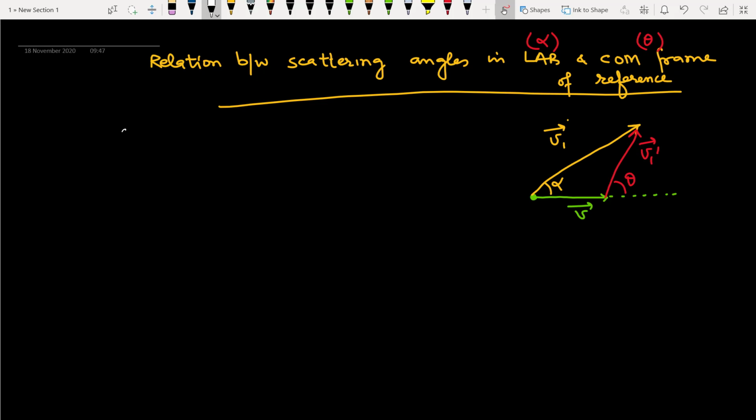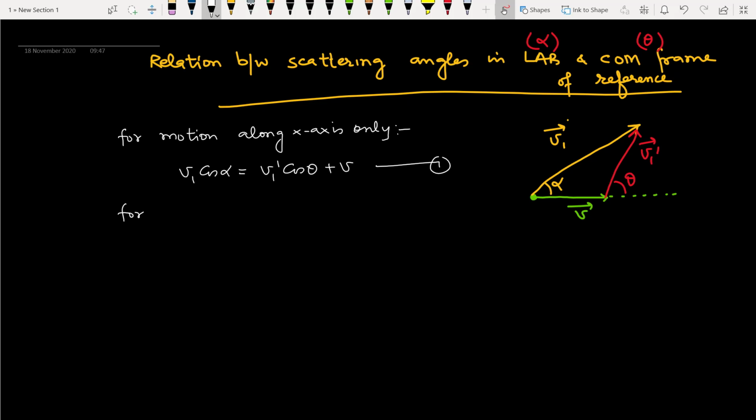So now for motion along the x-axis only, we will consider the components of the velocities along the x-axis. For v1 it will be v1 cos alpha, which equals v1 dash cos theta plus v.